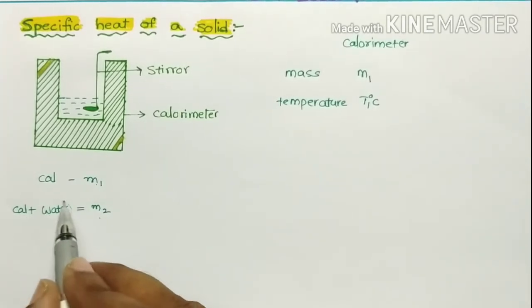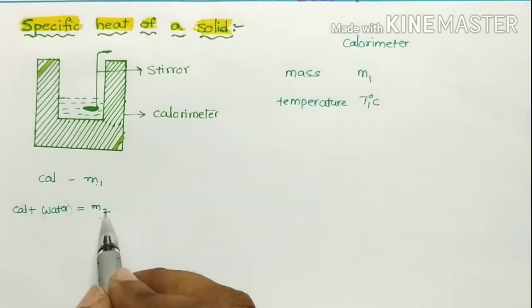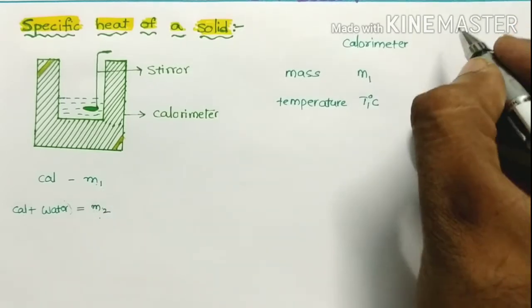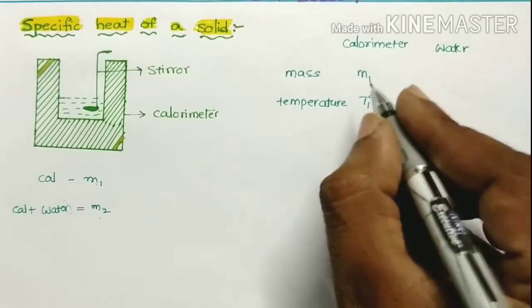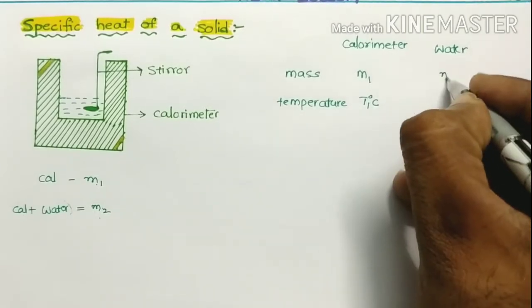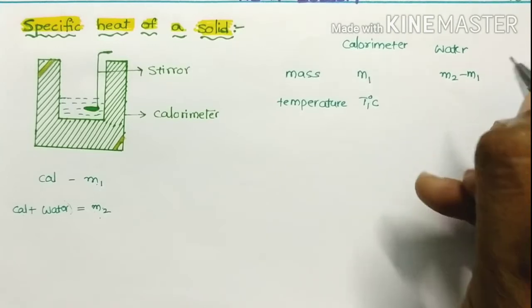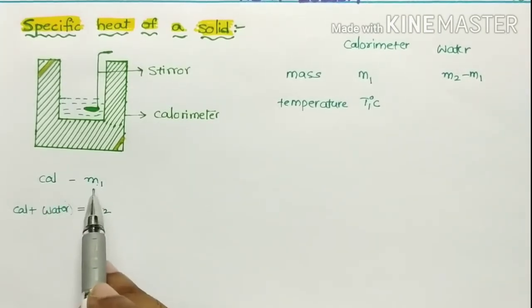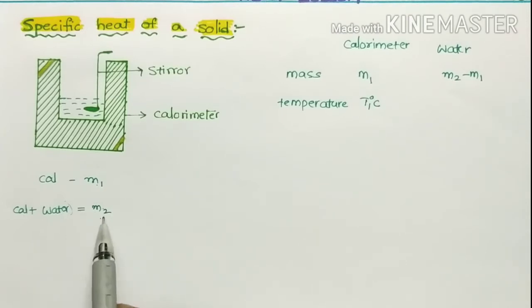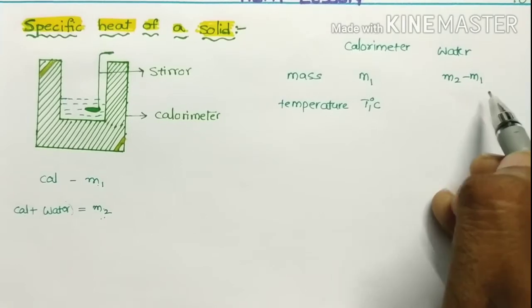Thus the mass of the water is m2 minus m1, because the mass of the calorimeter alone is m1 and when it is filled with water it is m2.